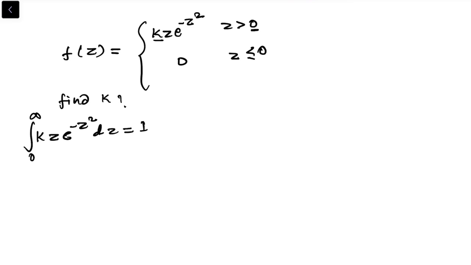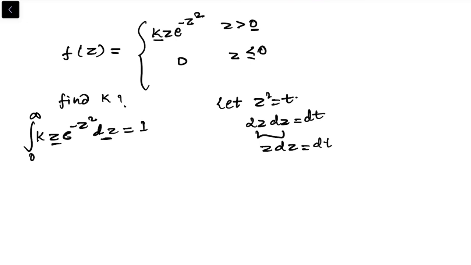So let's substitute the value t in place of z square to make the integration simple. So let z square equal t, and we are going to differentiate this with respect to t. So this is 2z dz equals dt. Now we already have z dz, so let's make this z dz.